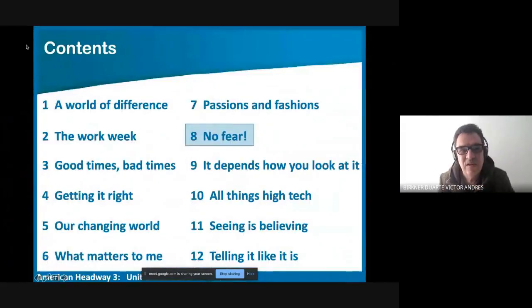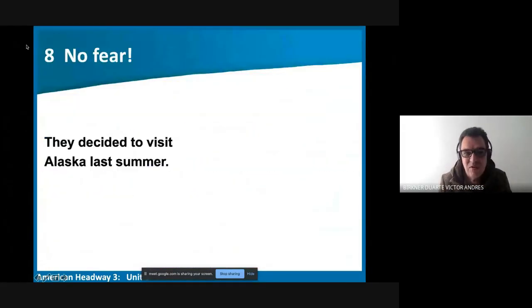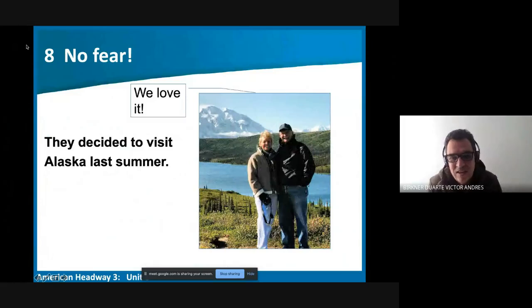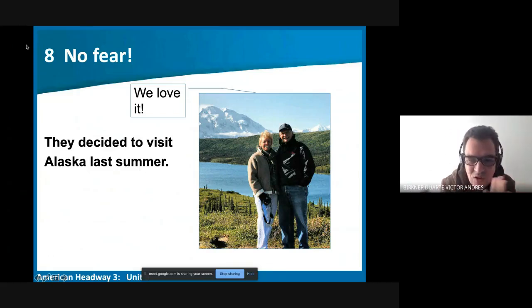This is unit number 8, and the name of the lesson of the unit was No Fear, right? In this lesson, we studied the verb patterns. Remember, the verb patterns are divided into 2 parts: verb plus ing or verb plus infinitive to, right?